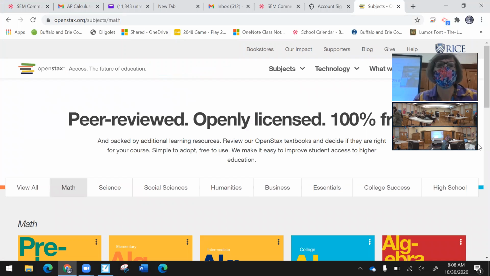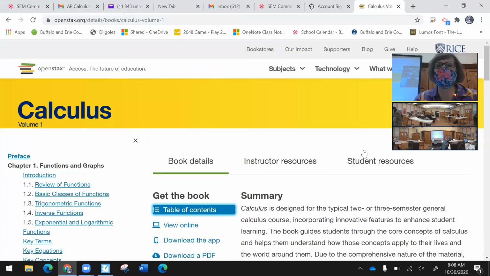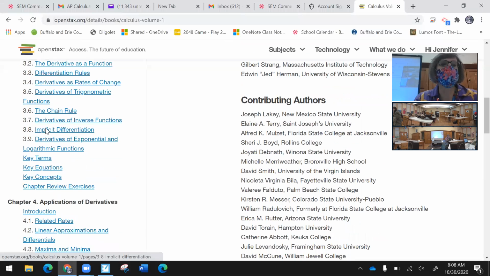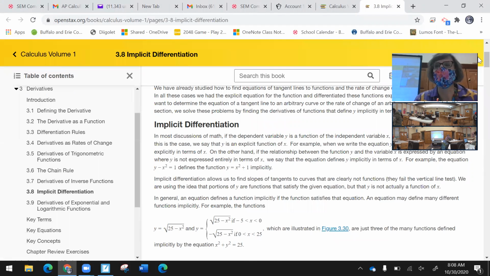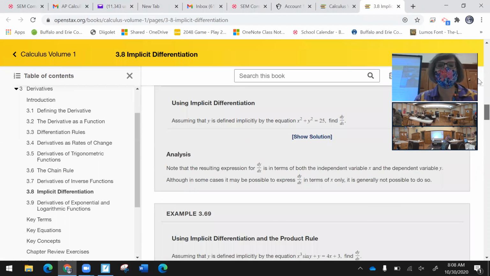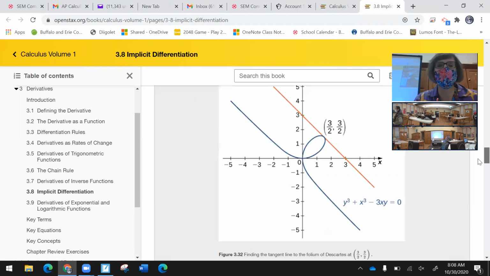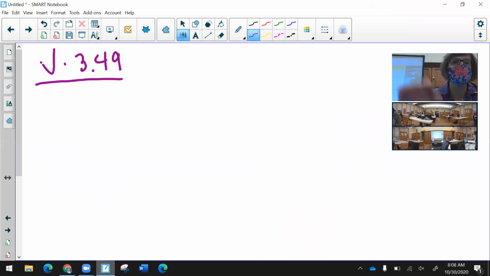Because I cut and paste and then occasionally I forget to change the number. So y'all should just use your common sense. Yeah, I'm surprised you didn't write to me and tell me that I messed it up. All right, so that's 3.48. You want 3.49. Okay, no, that's cool.